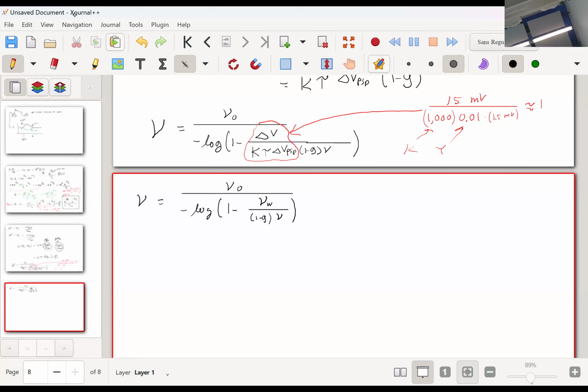So this is nu, and this is nu, this is approximately equal to 1.